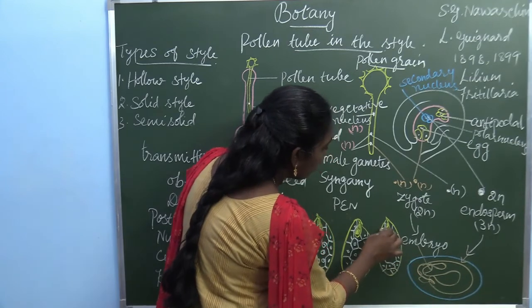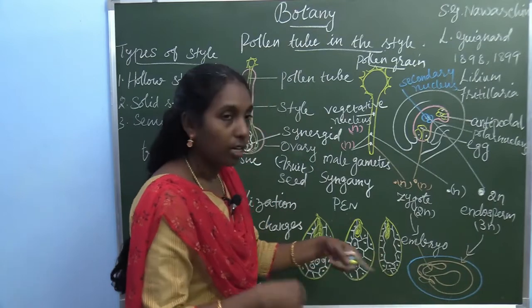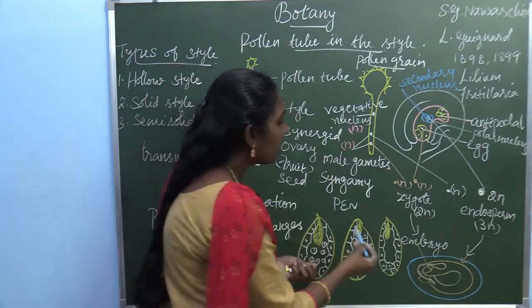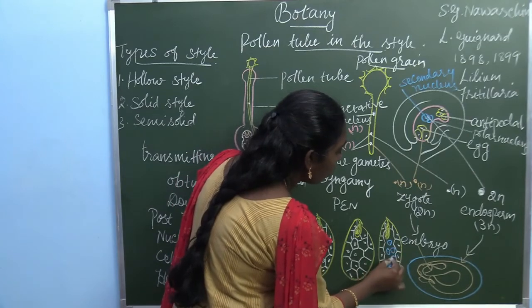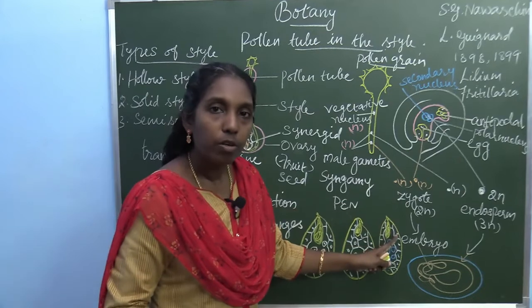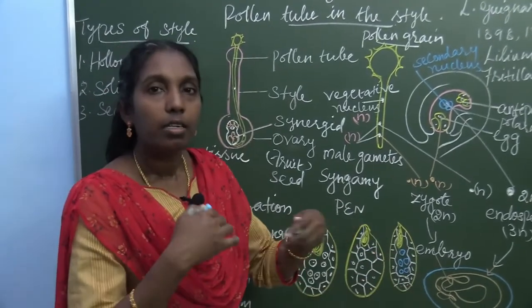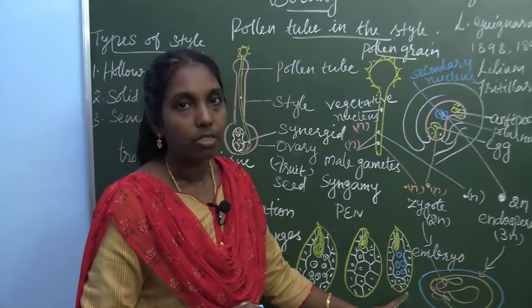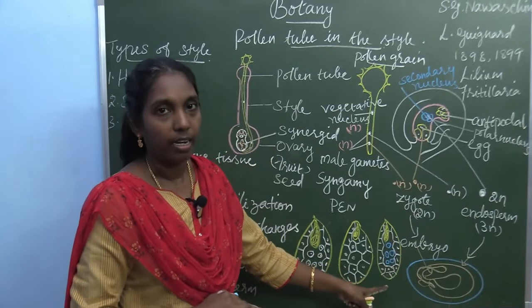This is the micropylar region, this is the chalazal region. In the larger region, cell wall formation does not take place and free nuclear division takes place in the micropylar region, while the chalazal region may or may not divide. It is observed in Hydrilla and Vallisneria.